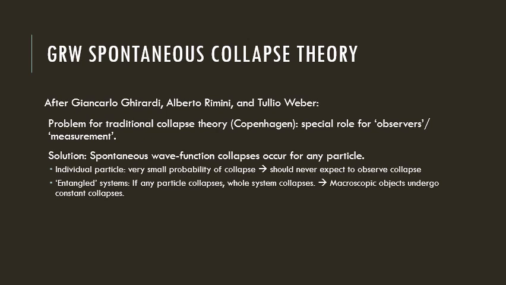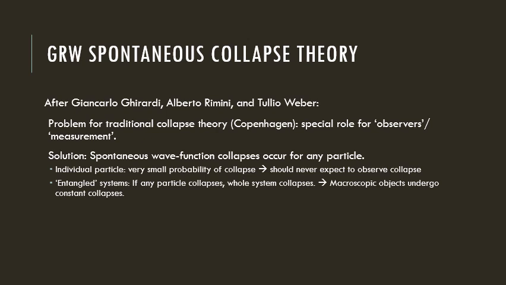And so you can adjust the postulated probability of collapse so that even though you should never expect to observe a collapse for an individual particle, if you're only observing a one particle system, you should never expect to observe a collapse in your lifetime. Wave function collapses should be expected to occur constantly for macroscopic objects. And that's because macroscopic objects just have enormous numbers of particles in them, like on the order of 10 to the 23rd or more particles.